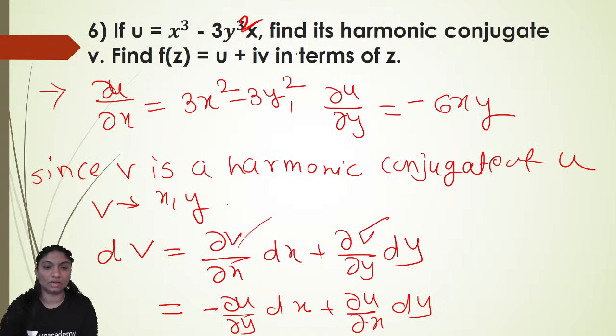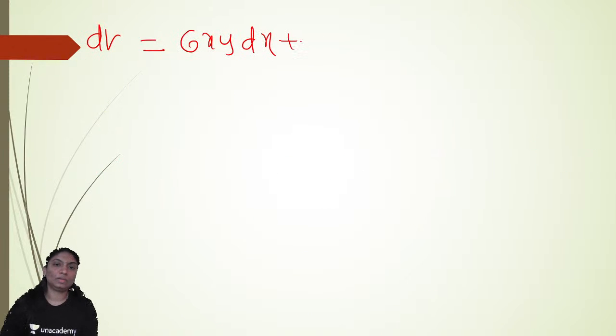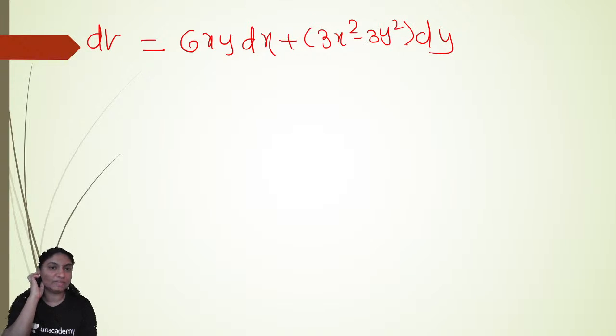Now we have all the values here. So dv is equal to, you can write here, ∂v/∂x is 6xy dx. Now you can see here minus 6xy, so plus ∂u/∂x is 3x² minus 3y² dy. Okay, 3x² minus 3y² dy.